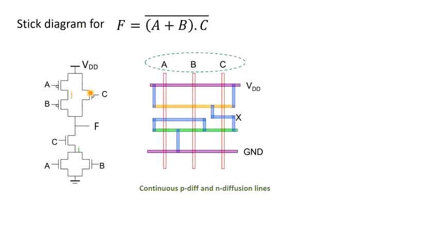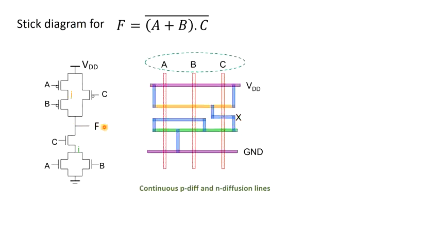Then the other terminal of C, that is the drain, is connected with the output. Here it is represented as X, but you can see that F and X are actually the same. These are output.